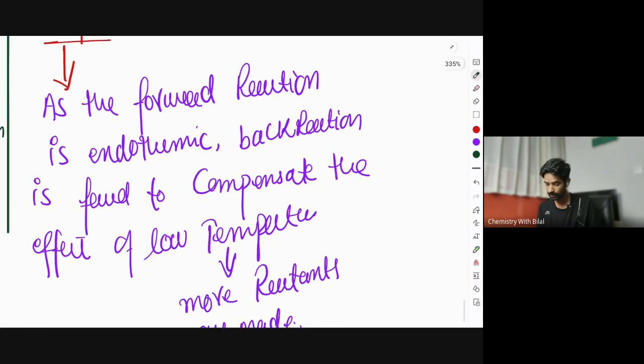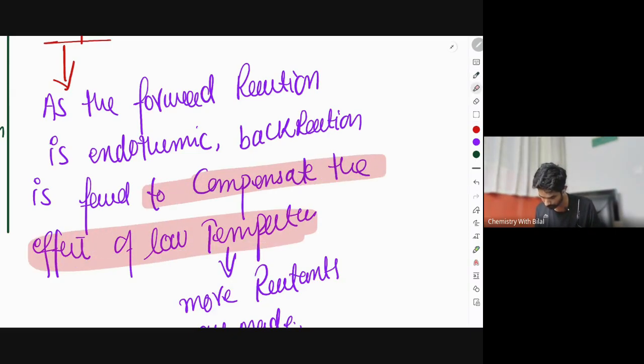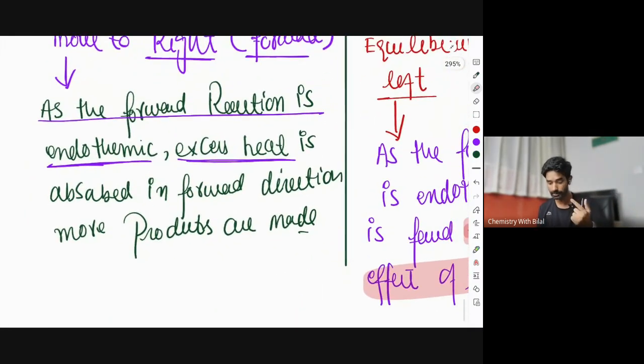You must write this sentence here. Whenever you are decreasing the temperature, I want everyone to write this sentence: to compensate the effect of low temperature. That is the must-have sentence. If it is going forward, write forward is favored. If it is going backward, write backward is favored. And whenever you are increasing the temperature, you have to write a golden sentence. What is that golden sentence? Excess heat is absorbed.